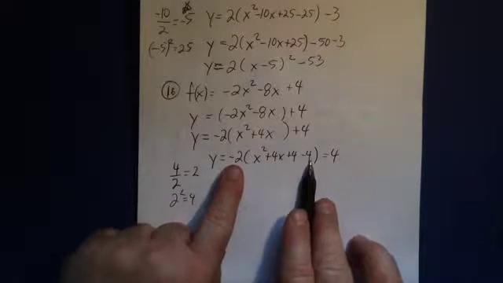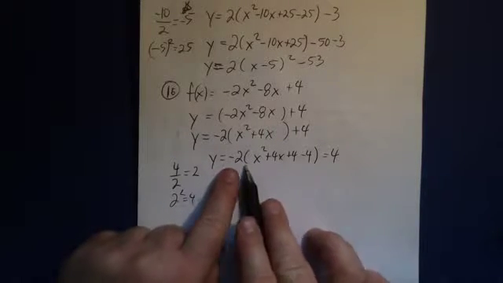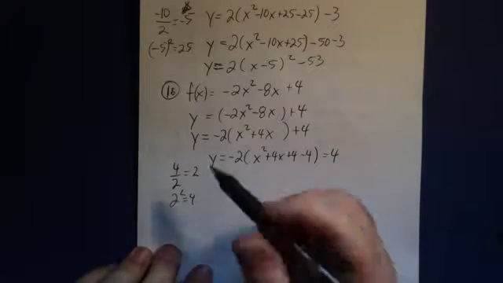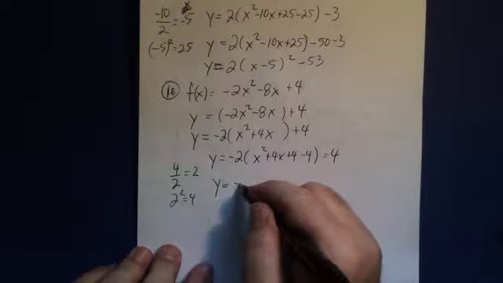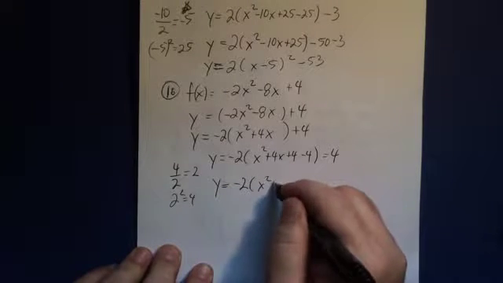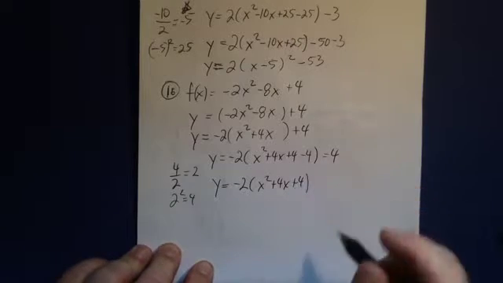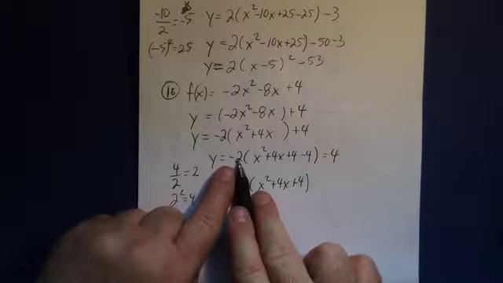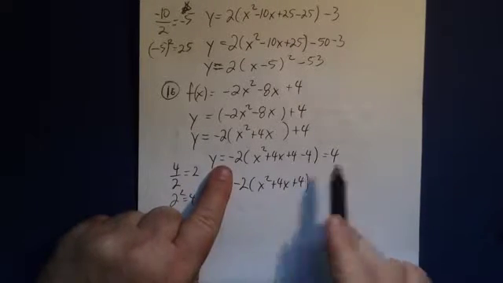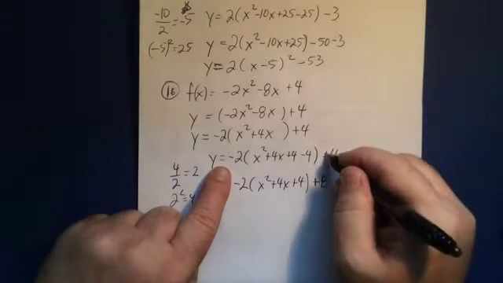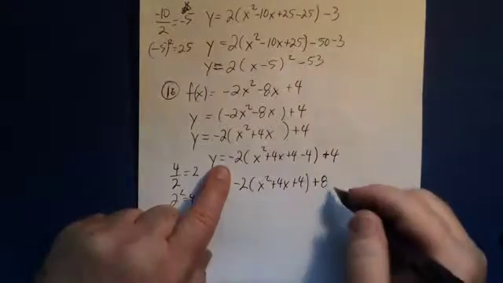But because I have a negative 2, it's going to be negative 2 times negative 4. It's going to make it plus 8. So when I separate this out, it's going to be negative 2 times x squared plus 4x plus 4. I'm going to leave that on the inside, but what I'm kicking out, I have to multiply by negative 2. So negative 2 times negative 4 is going to come out as plus 8. And by the way, this should not be an equals 4. It should be plus 4.